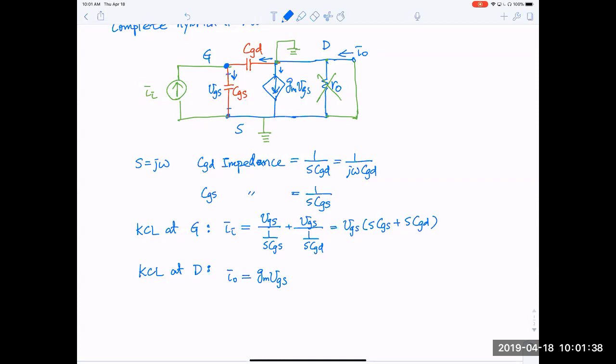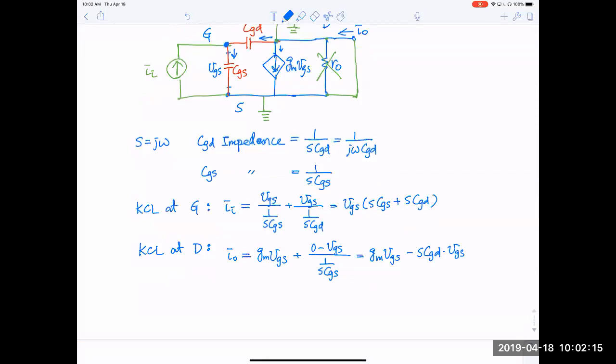So this is flowing out, so this is plus 0 minus VGS divided by 1 over sCGD. So that would be the current. Okay, so this is equal to gm VGS minus sCGD times VGS.